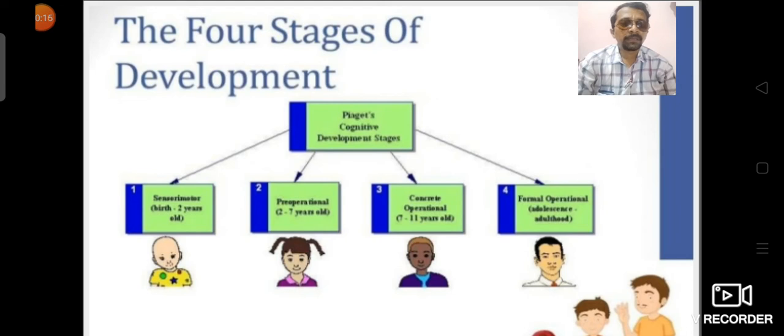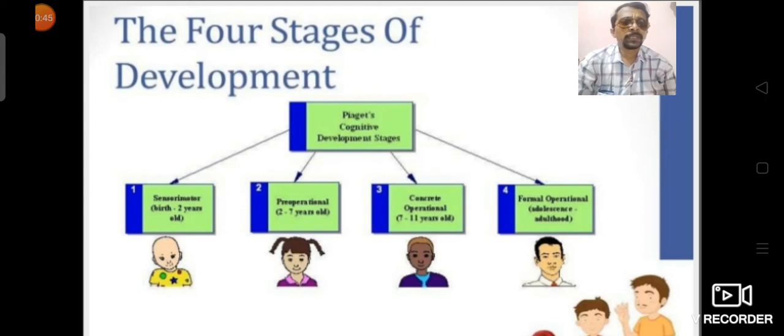In the first class, we already began the topic, Jean Piaget's cognitive development theory of human development. In this topic, we have studied the introduction, general concepts, and four important stages of cognitive development.